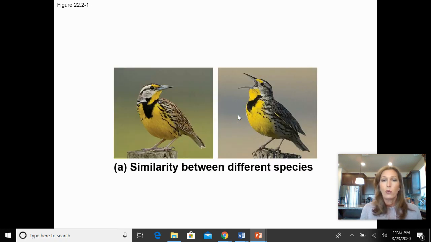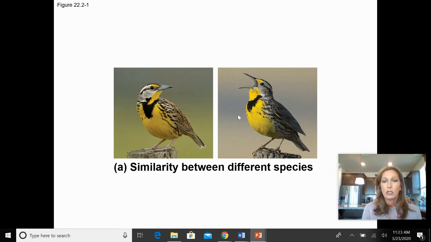If we looked at two different species in their natural habitat, like a horse and a burro on BLM land, a horse and a burro will not reproduce. We understand they have similarities, but in their natural habitat they will not produce viable offspring. Therefore, that is how we define them as two different species.